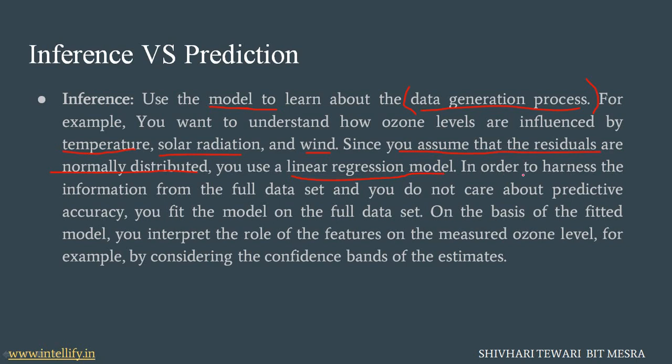Now, in order to harness the information from the full data set, that means if you want to store the full knowledge from the data set, you have taken all the data from the collected data set without caring about the predictive accuracy. That means you do not care whether our prediction will be true or not.